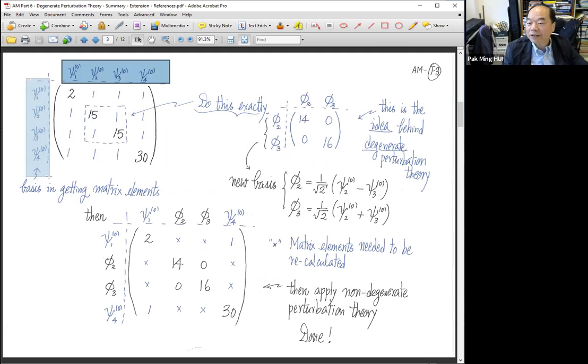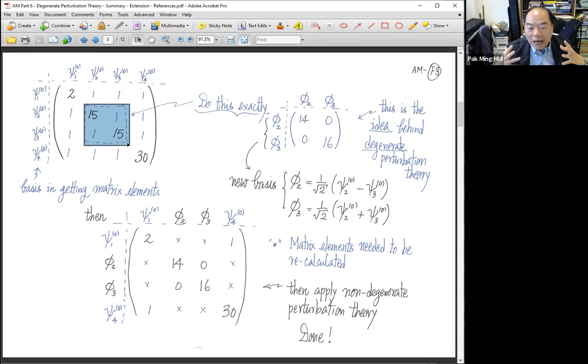So I write this extra row and column to show you this. In our perturbation scheme, these are the unperturbed wave functions of H0. Understanding this, we take this 2 by 2 out, work out its eigenvalue, and then find their new eigenvectors.